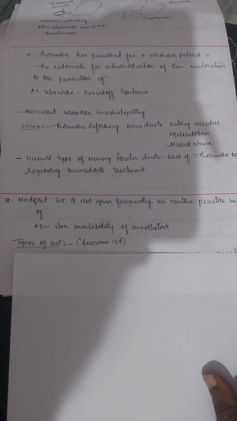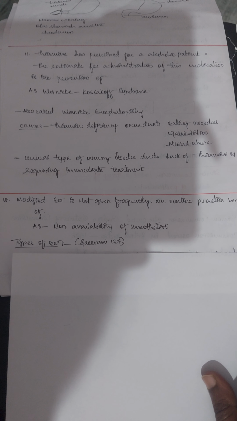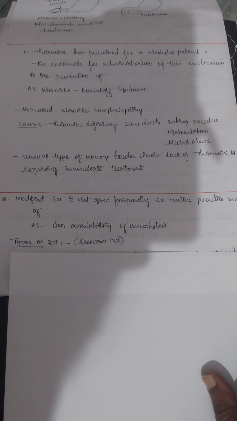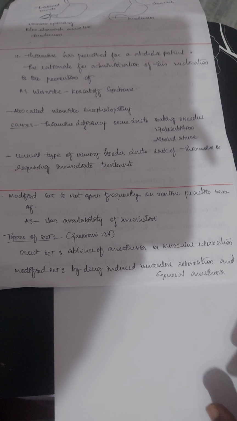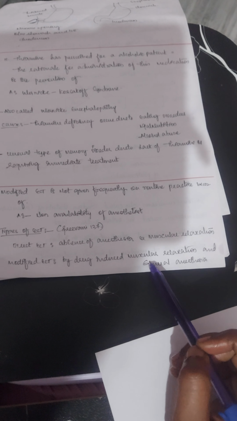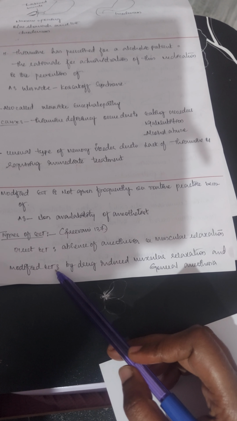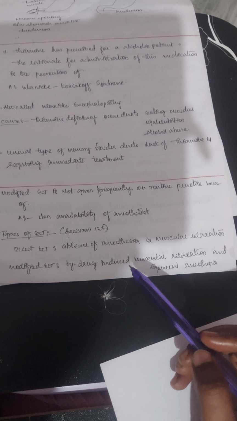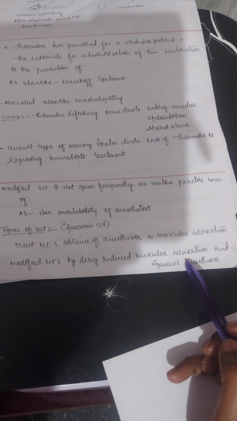Based on medication administration, ECT is divided into two types: direct ECT and modified ECT. Modified ECT is given compulsorily with medication, that is general anesthesia and muscle relaxant.